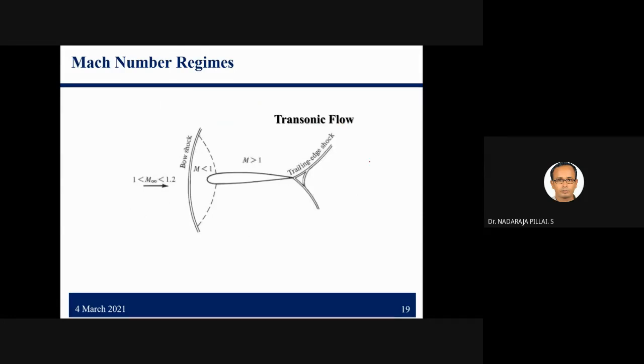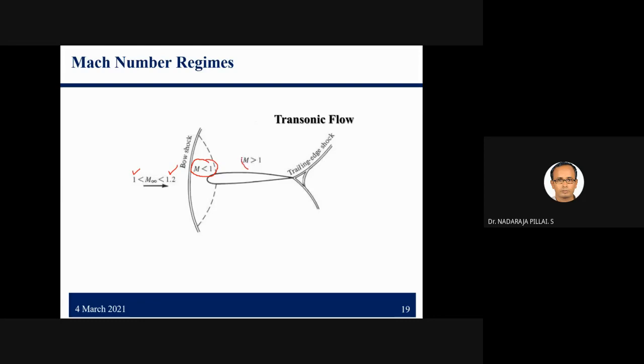Now this is another flow. Say the Mach number is more than 1 and between 1 and 1.2. What happens at the airfoil? There is a formation of a bow shock. And you know very well, when there is a bow shock, immediately behind it you will have a region where the Mach number is less than 1.